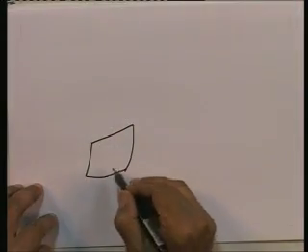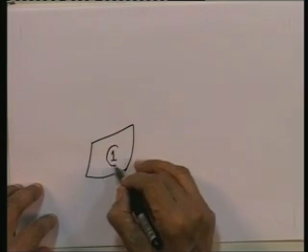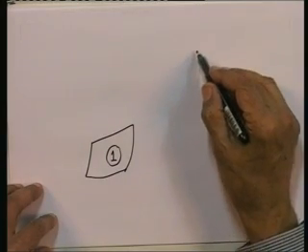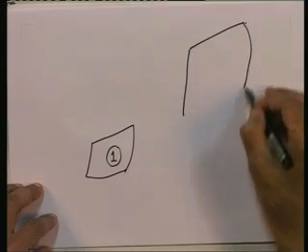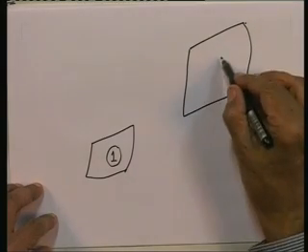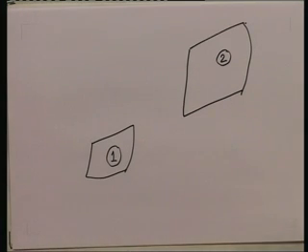The last remark which I want to make is the following. Suppose I have two surfaces 1 and 2. Let us say I have a surface 1, some arbitrary surface, maybe curved or may not be curved, and let us say I have some surface 2 like this, arbitrarily located in space, two finite size surfaces.